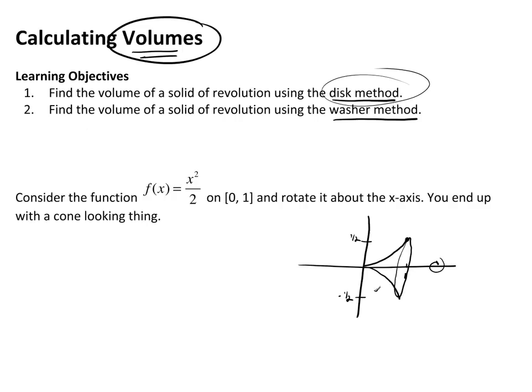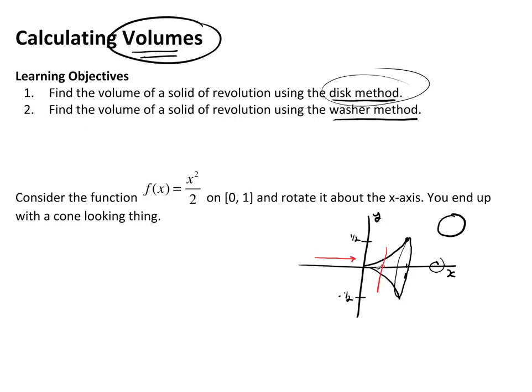Now I can slice this thing. Let's just say I take a spot on the x-axis right here and take a look at a slice. If I now look down the x-axis, in that direction, at just this slice, what I see is a circle. I see a disk.